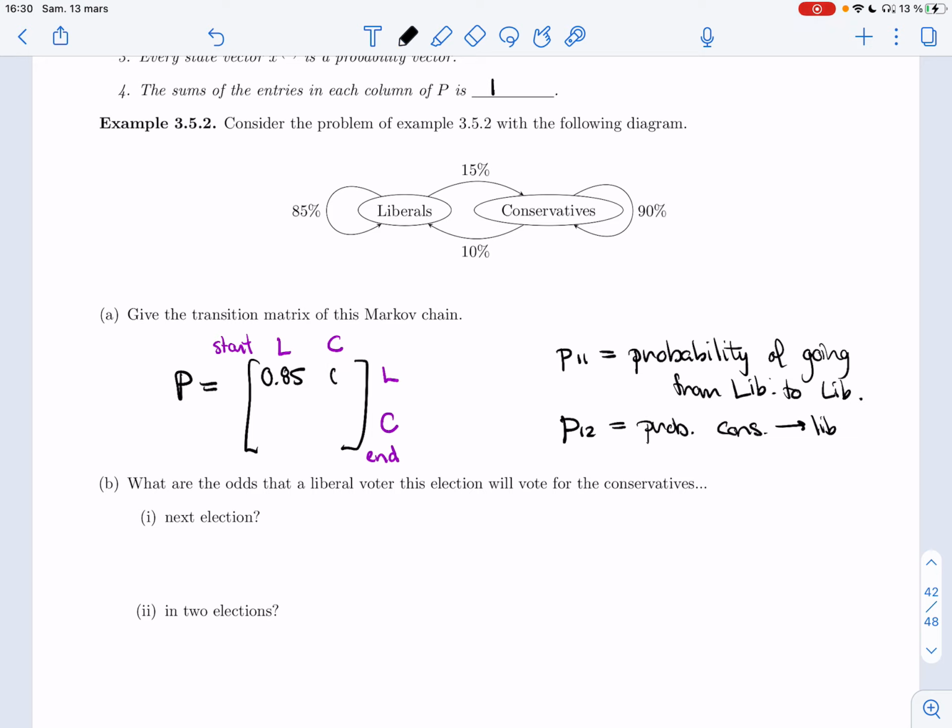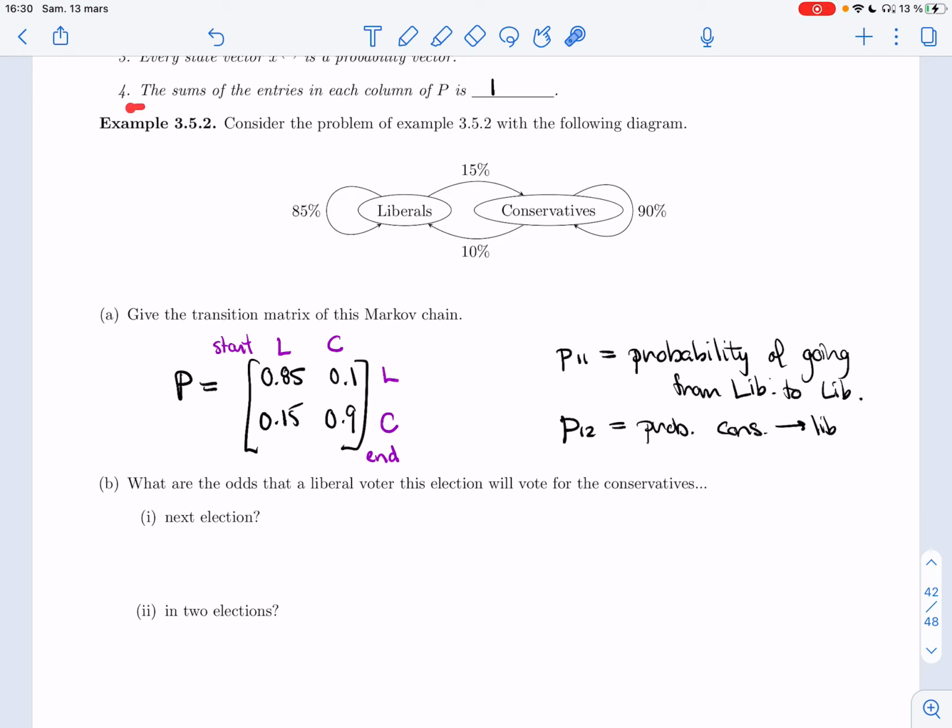Conservative to liberal, that's 0.10. Sorry, wrong number. All right, and we keep going like that. This one would be the probability of going from liberal to conservative. That's 0.15, and then conservative to conservative, that's 0.90.